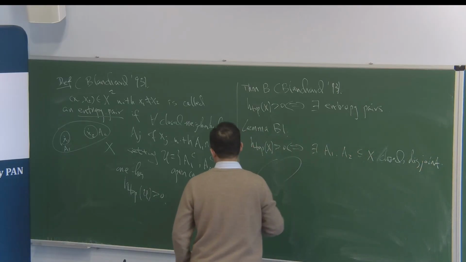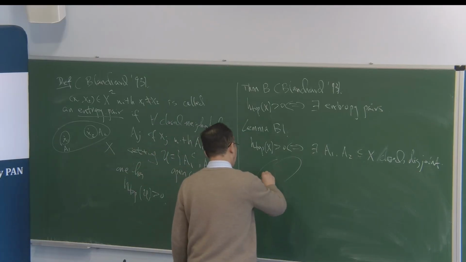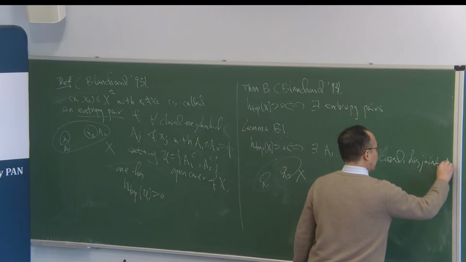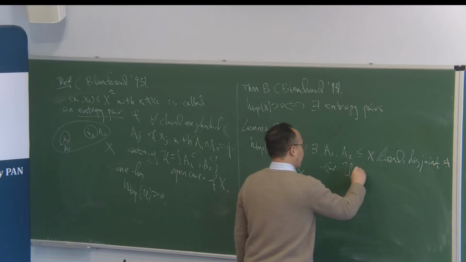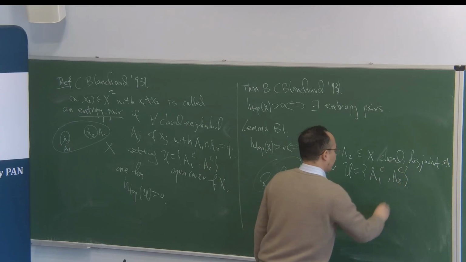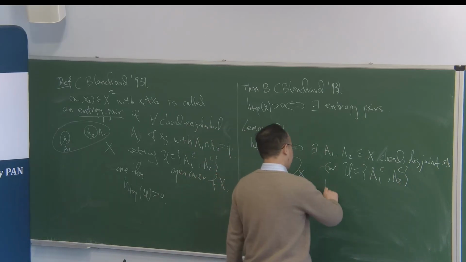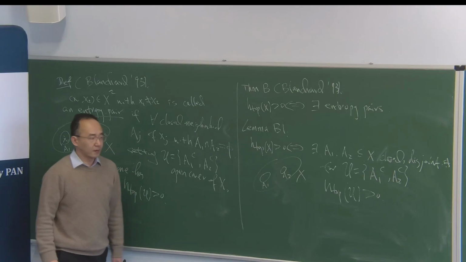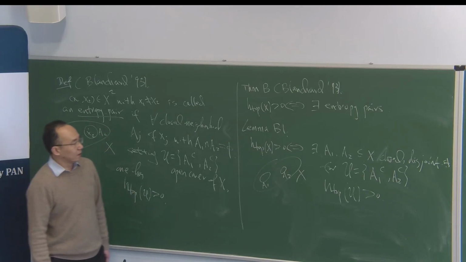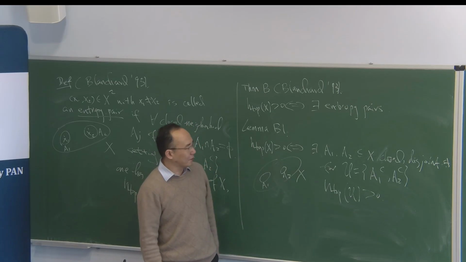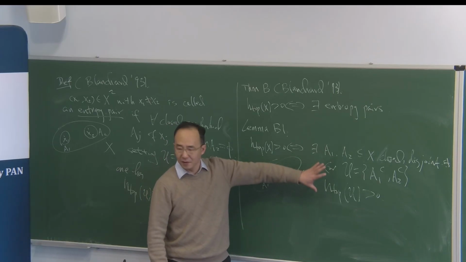The picture is that A1, A2 are like this. You don't need to worry about X1 and X2. Such that for U in the complement of this set, the entropy is positive. The original definition says that there exists some open cover such that the entropy is positive, but here you can require it to be of a certain special type.